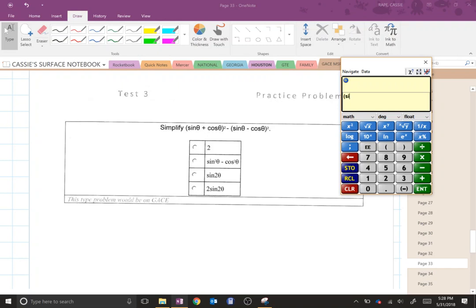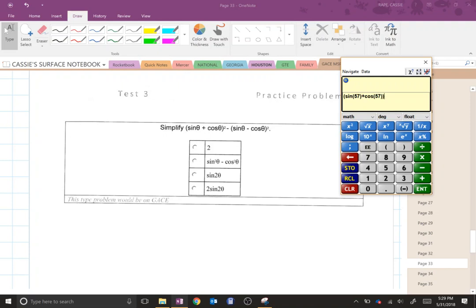Open parenthesis, sine of. I'm just going to make up a number, and my number is going to be 57, plus the cosine of the same number, 57. Close the 57. Okay. That whole thing is squared.